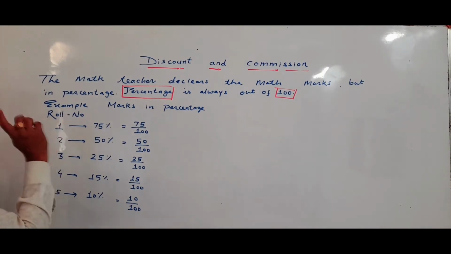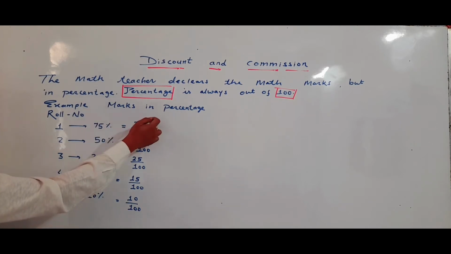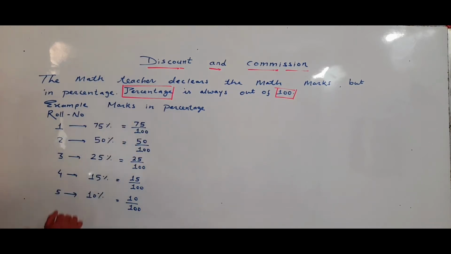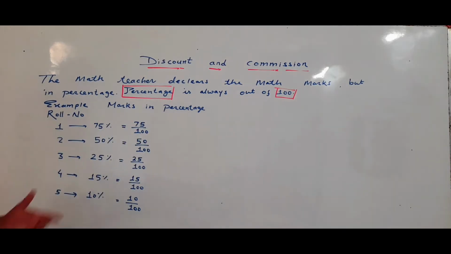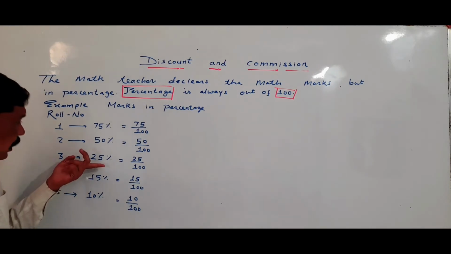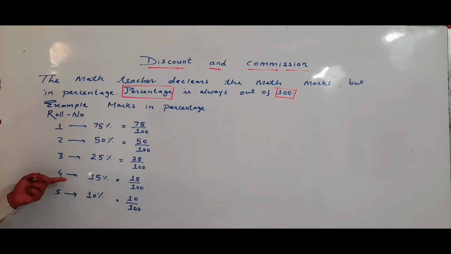Roll number 1 has got 75% out of 100. Roll number 2 has got 50% out of 100. Roll number 3 has got 25% out of 100. Roll number 4 has got 15% out of 100. Roll number 5 has got 10% out of 100.